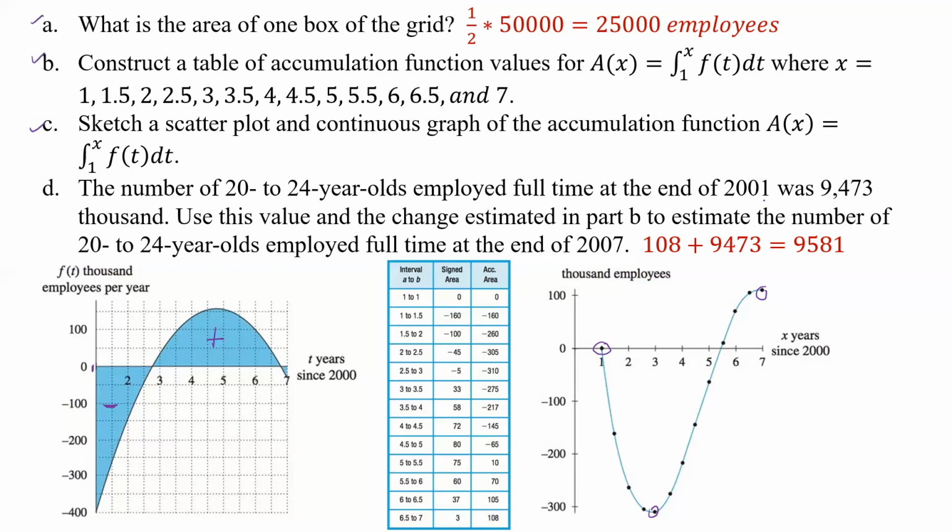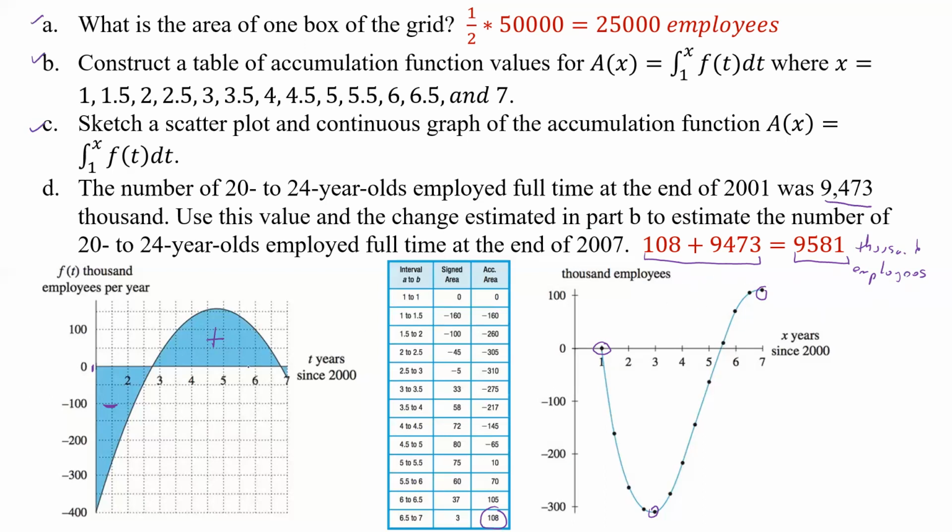Well, if we started at this, and we're going to add in our value down here of 108. We basically just add those two together. We get 9,580. And again, that's going to be in thousands of employees. So that's going to be our final number at the end of 2007.